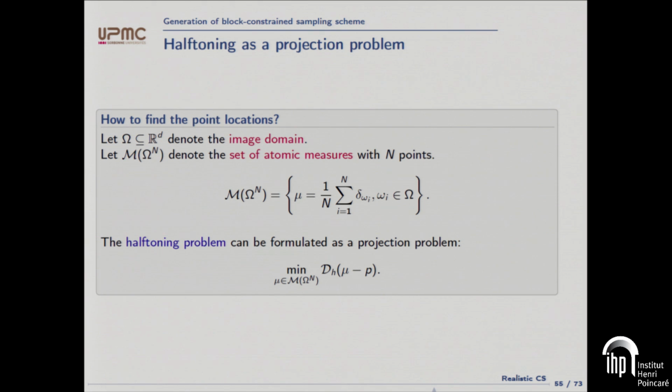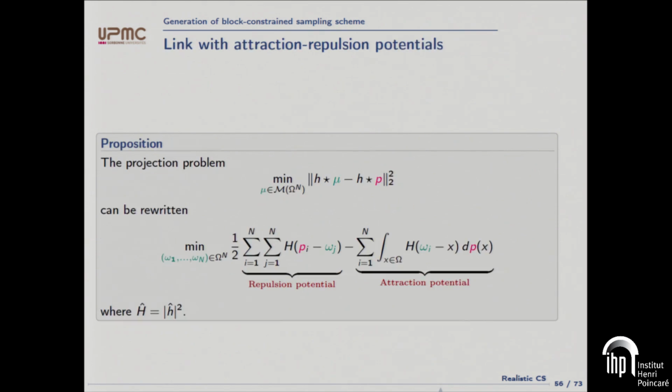For this, you're going to use the squared L2 distance between a blurry version of mu and a blurry version of P. Actually, you can expand the L2 norm, and then you end up with a problem where you have a repulsion minus an attraction potential.